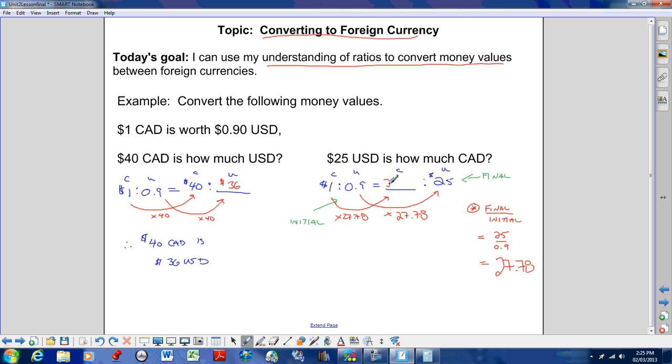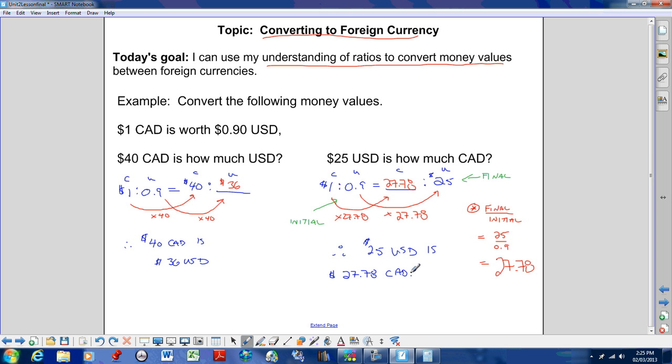So then I find that I end up with 1 times 27.78 is 27.78. There you go. So therefore, for this question, 25 US dollars is 27.78 Canadian.